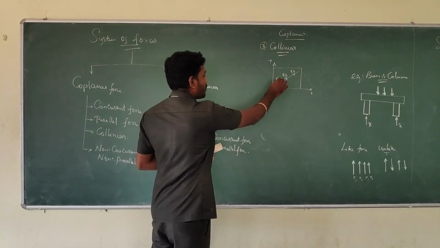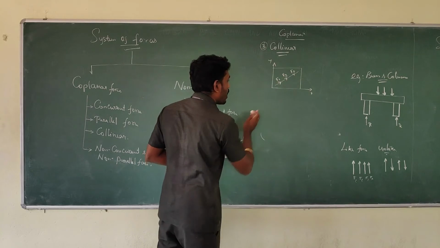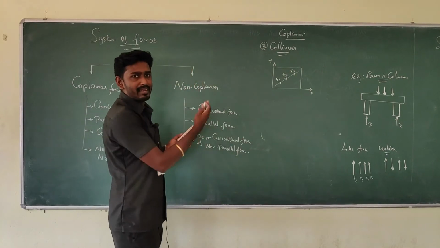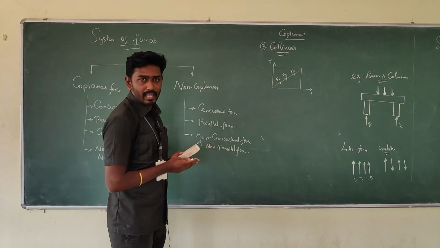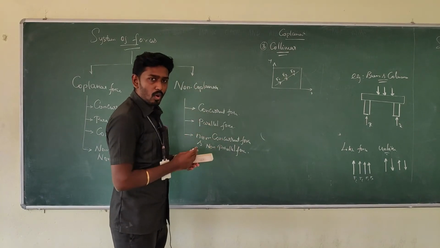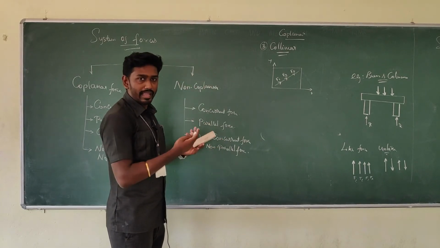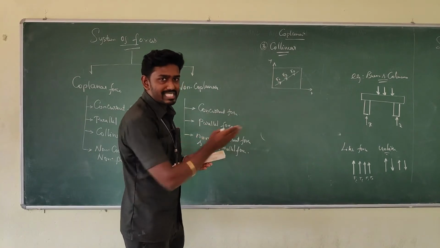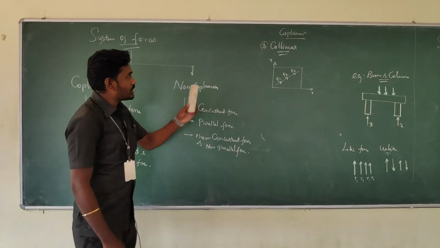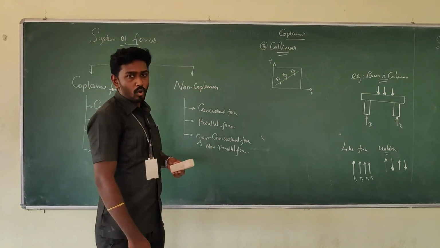All the lines of action of F1, F2, F3 pass through the same line. It can be an inclined line, horizontal, or vertical, anything, but it will be moving in the same line. Such things we call collinear.